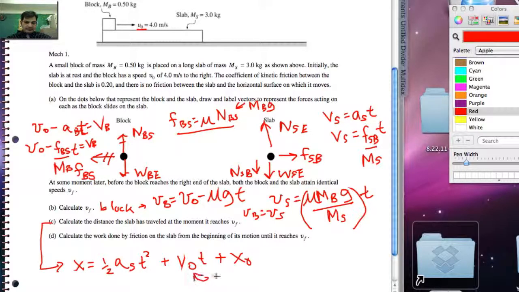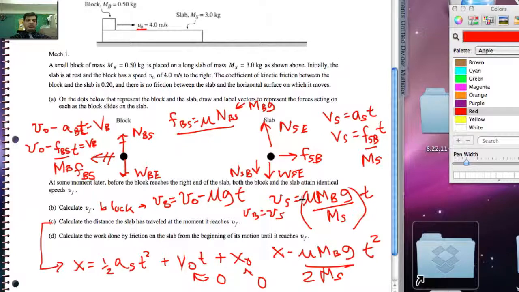At time equals 0, the slab's not moving and its position is 0. So x is mu times m of the block times g over 2 m of the slab, times t squared. That'll be the distance it travels.